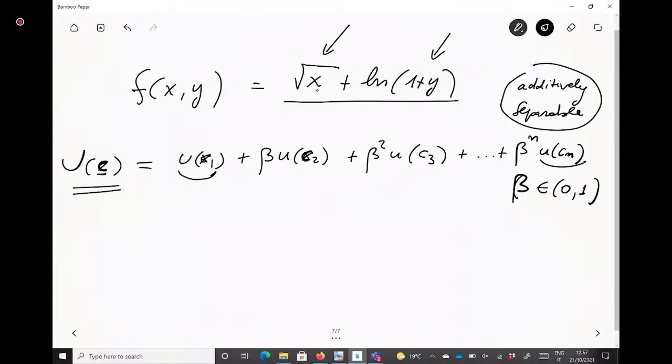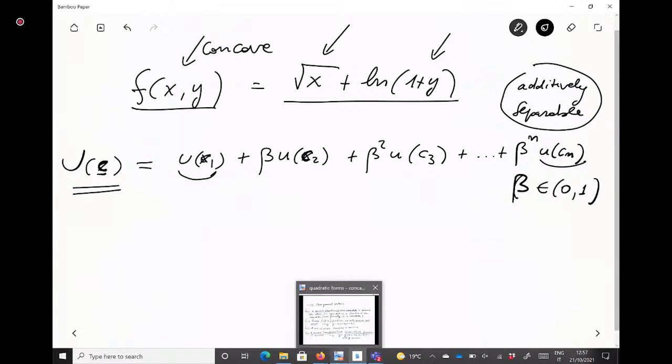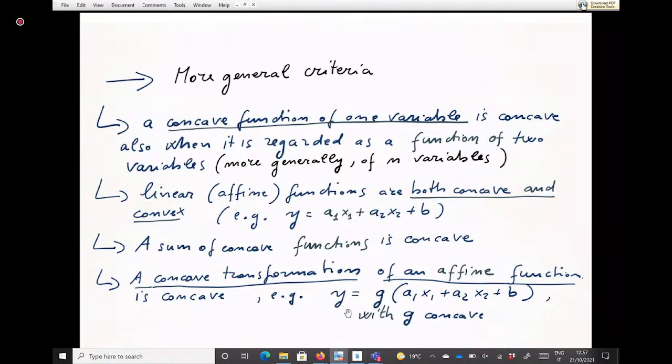And you will see the next rule: the sum of two concave functions is itself a concave function, okay? So we can be sure that this is concave. This is just to illustrate that these simple rules are very powerful and allow you to resolve a lot of cases a priori, without investigating the second derivatives or other tools like this, okay? So this is the most important thing.